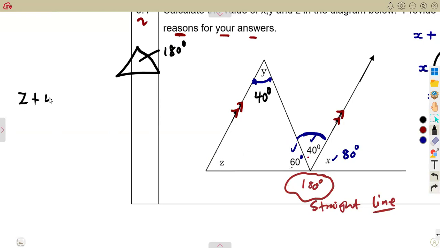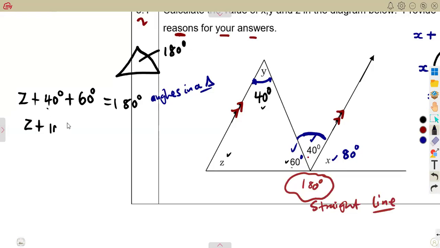So Z plus 40 degrees plus 60 degrees is supposed to give us 180 degrees. Which concept are we talking about? Angles in a triangle. Okay, so we're talking about the sum of angles in a triangle. They add up to 180 degrees. So that is going to be Z plus 100.